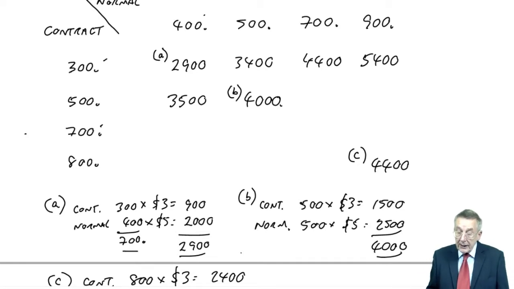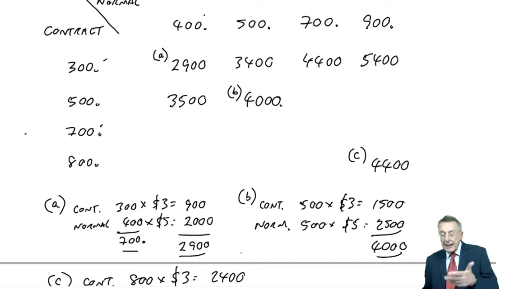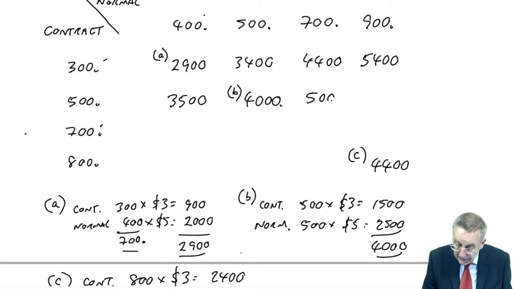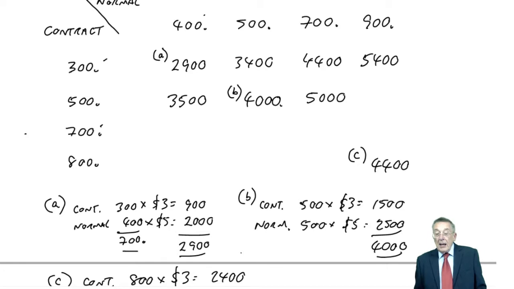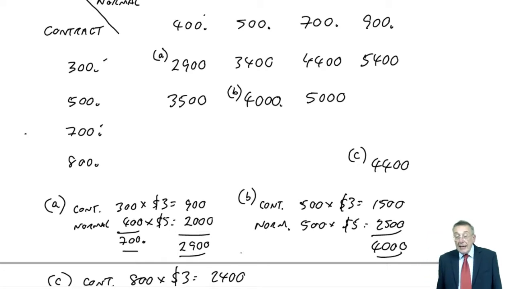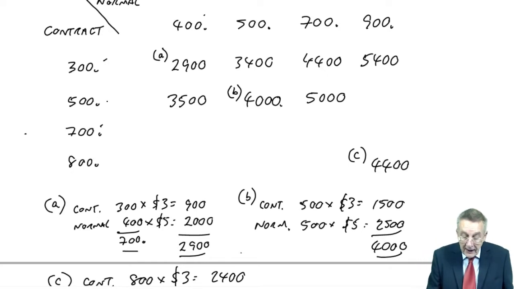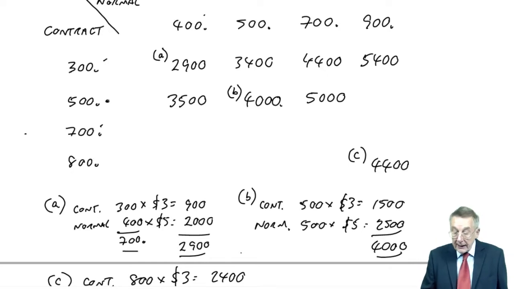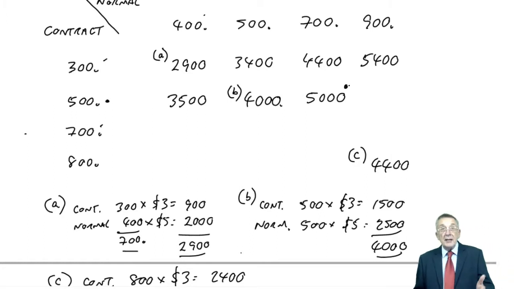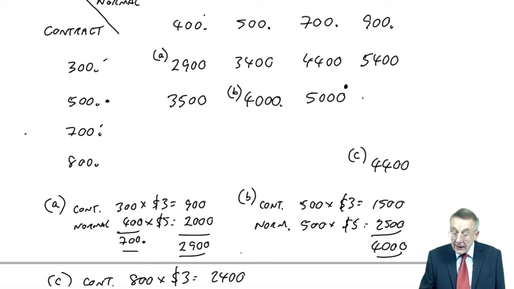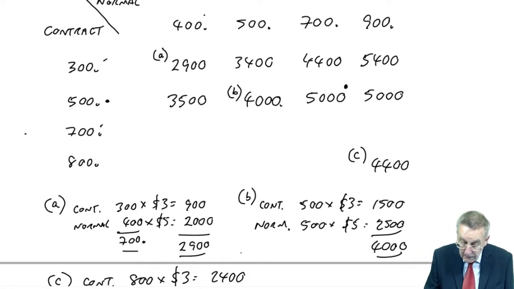If normal wants 700, that's an extra 200 to normal, an extra 1,000, it's 5,000. But if they want 900, we can't supply. Remember, the maximum we can produce is 1,200. So if there's 500 to the contract, fine, we can sell the other 700 to normal. If they want 900, we can still only sell them 700, so it's 5,000.